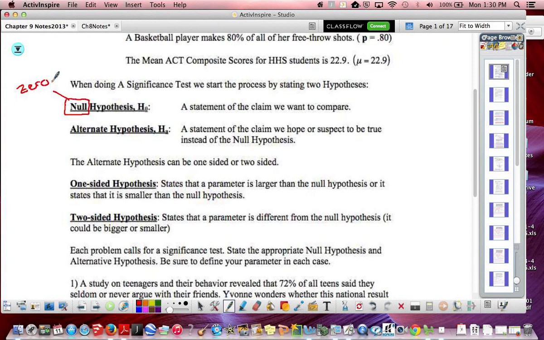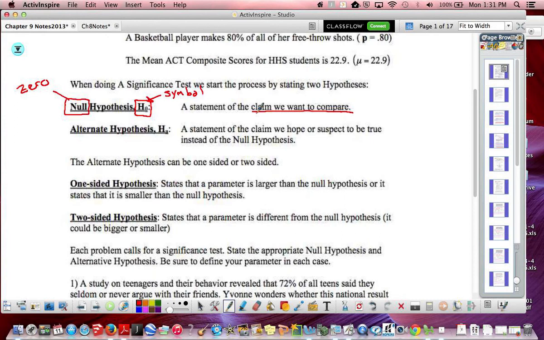Notice how the symbol here is H sub 0. It's known as the null hypothesis. It's basically a statement of the claim we want to compare. I think of it as the claim of what we expect, that nothing, or 0, is out of the ordinary.